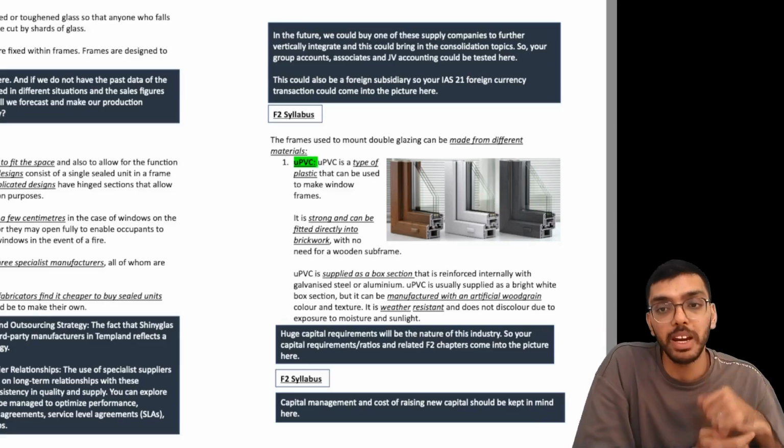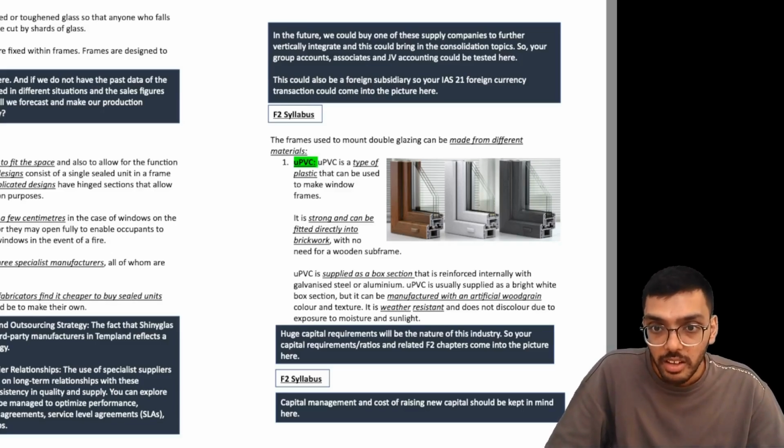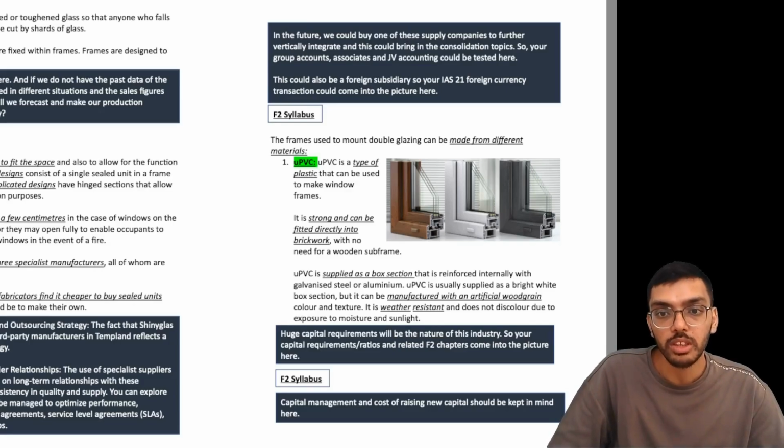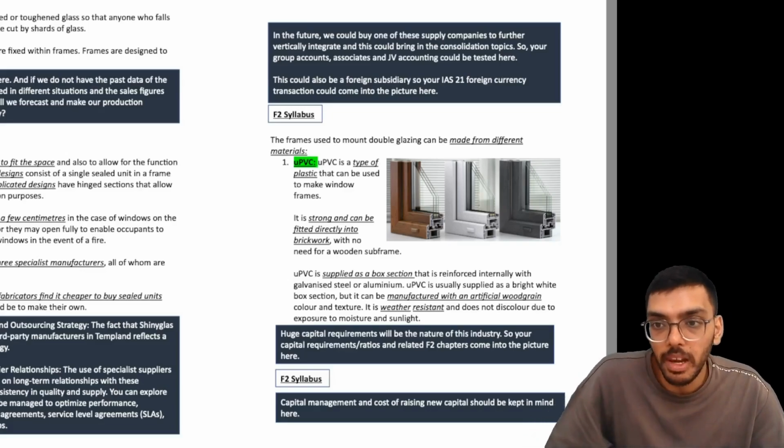The frames can be made from different material, the first being UPVC. This is plastic. So UPVC is the type of plastic that can be used to make window frames. It is strong and can be fitted directly into brickwork with no need for a wooden subframe. You can see an image sample over here.